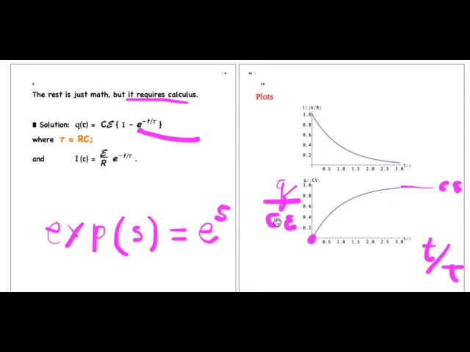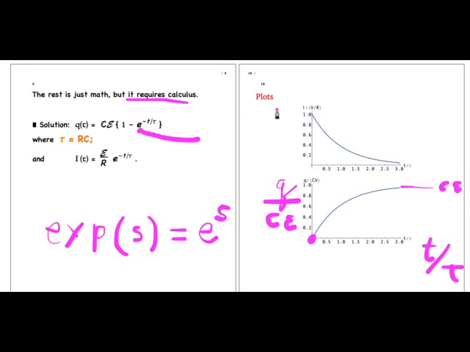Well, that's the charging of the capacitor. Now, what about the electric current, which is what's actually providing the charge to the capacitor? The electric current is E over R, e to the minus t over tau. It's an example of exponential decay. So this is the exponential function.